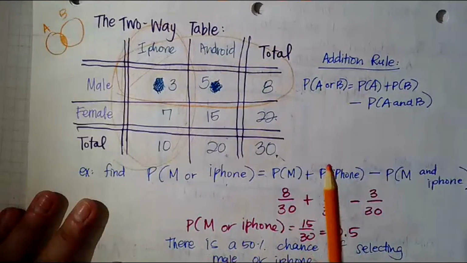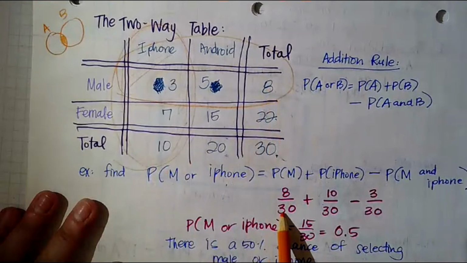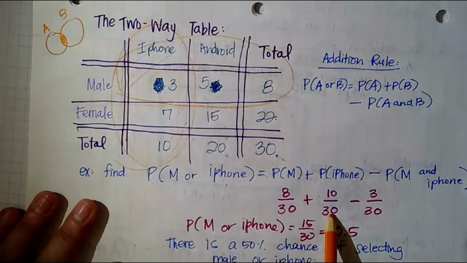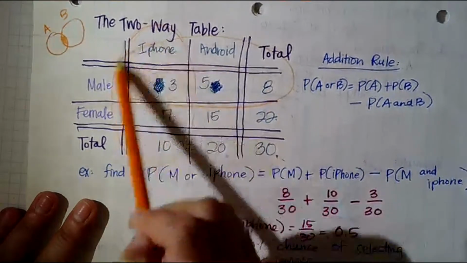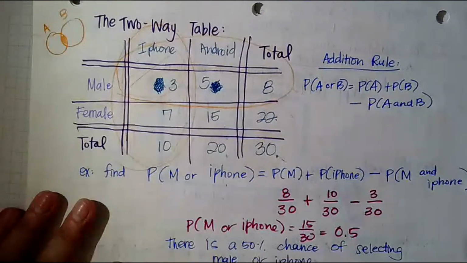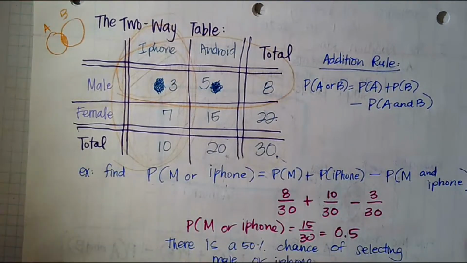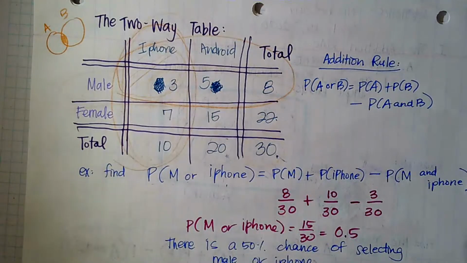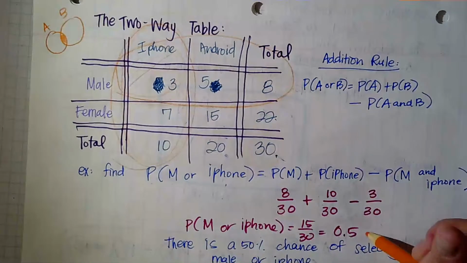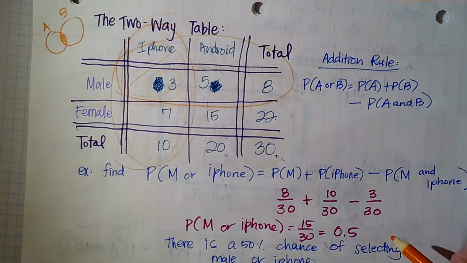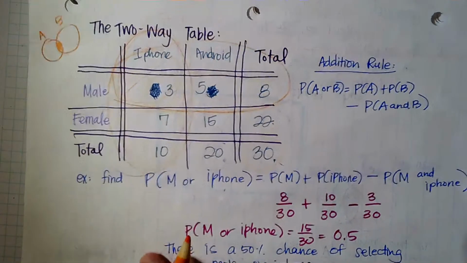So again, 8 out of 30 plus 10 out of 30 minus that overlap, 3 out of 30. So I figured out that the probability of choosing male or iPhone is 15 out of 30, which converts into 0.5. There's a 50% chance of selecting male or iPhone in this diagram.